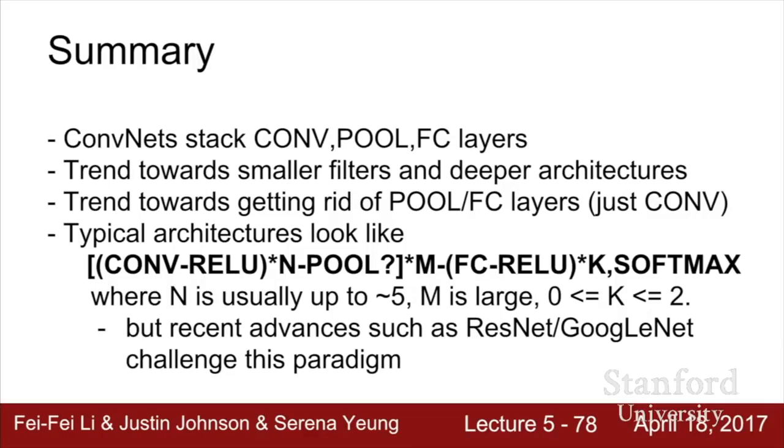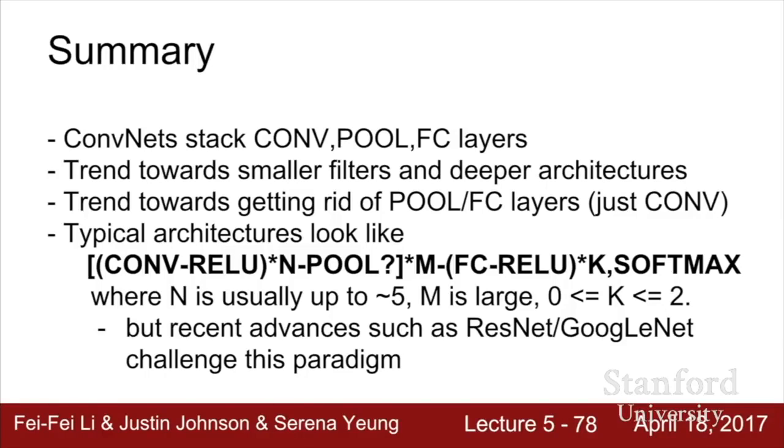And then typical architectures again look like this. As we had earlier, conv-ReLU for some n number of steps, followed by a pool every once in a while. This whole thing is repeated some number of times, and then followed by fully connected ReLU layers that we saw earlier, one or two or just a few of these, and then a softmax at the end for your class scores.